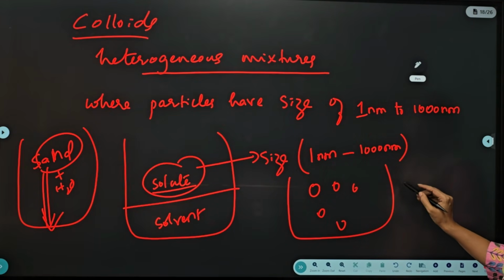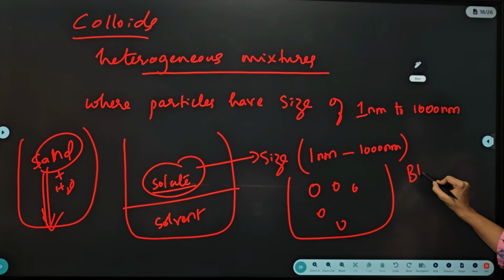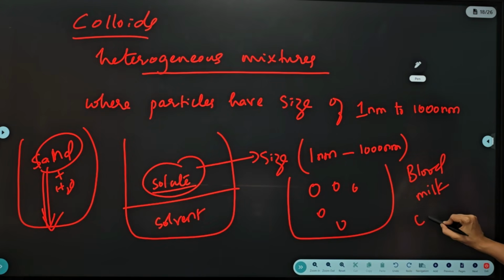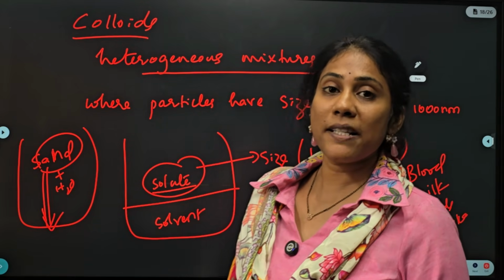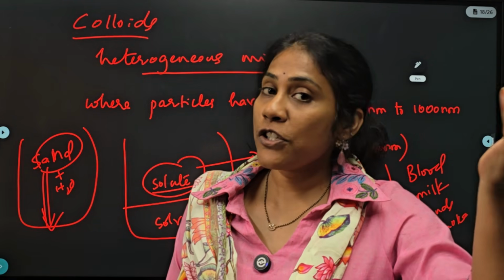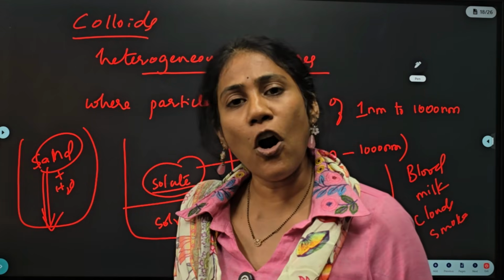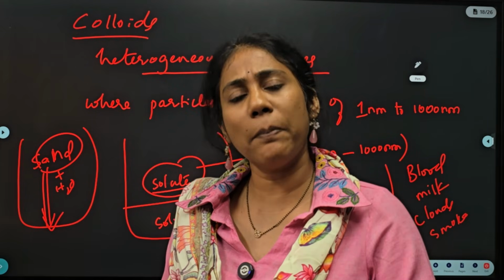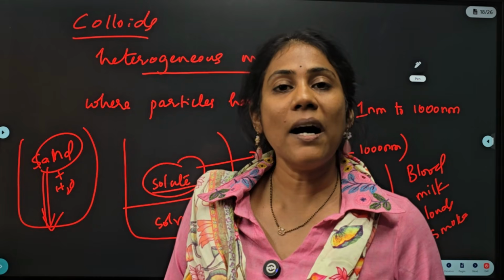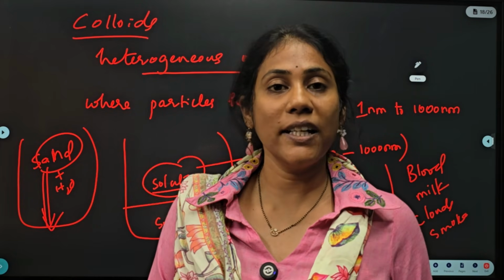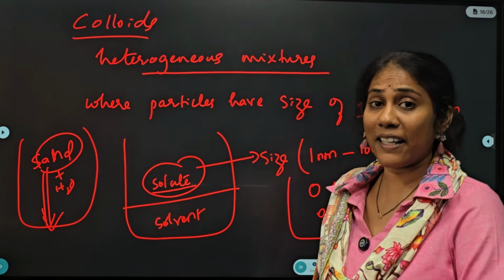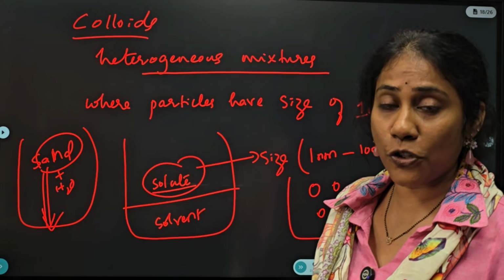The best examples of colloids are: blood is an example, milk is an example, clouds are an example, smoke is an example. It is not necessary that a liquid should be mixed with a liquid. A combination of gases can be an example, smoke, fog, cheese, butter, all of them are examples of colloids only. They can be solids, liquids, and gases also.